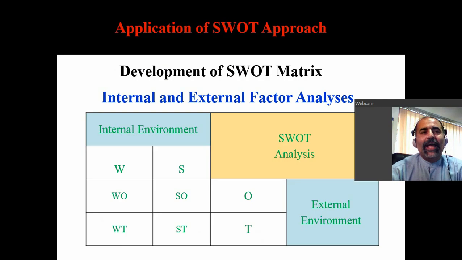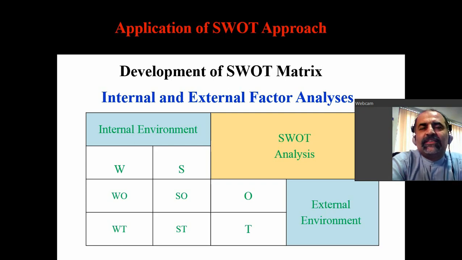So here again we try to apply the SWOT approach as well. I told you that the same approach was taken to the SWOT one, and then we developed the SWOT matrix, and we recognized and analyzed the internal and external factors.